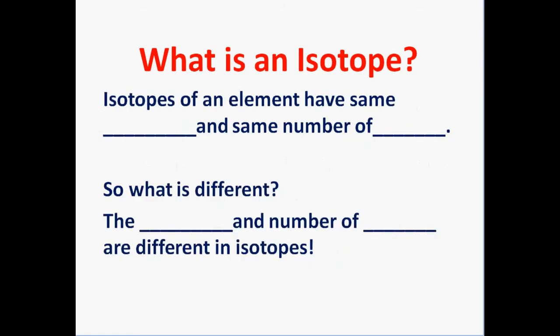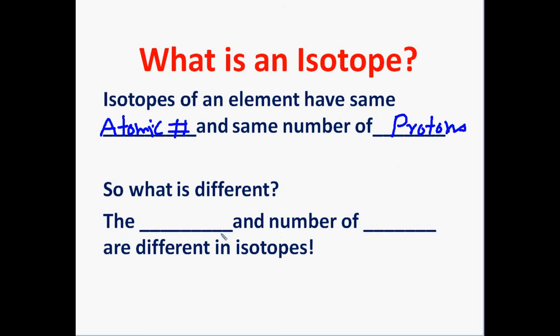So let's summarize. Isotopes of an element have the same, what is the same? The same is atomic number, and if the atomic number is the same, they have to have the same number of protons, because atomic number and protons are always equal.